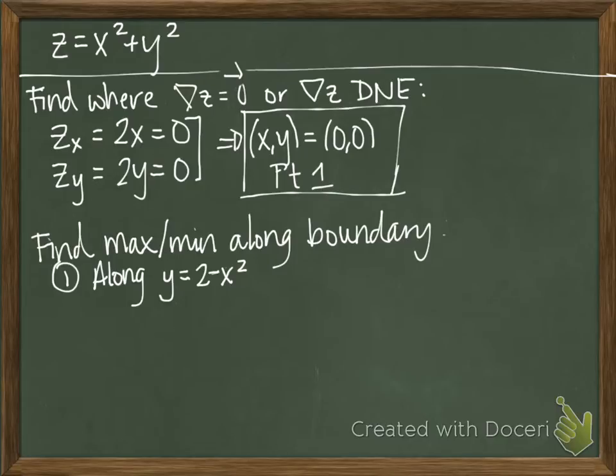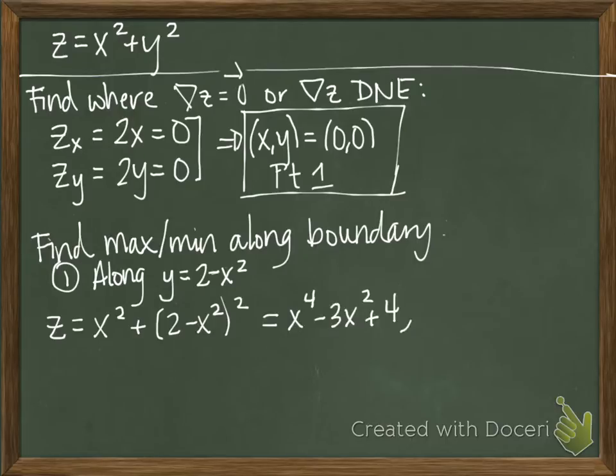So along y equals 2 minus x squared, then we can rewrite z. z is x squared plus y squared, so that's going to become the following. And we know that we're just looking along the top boundary of A, and so along that boundary x is restricted just from -2 to 1.